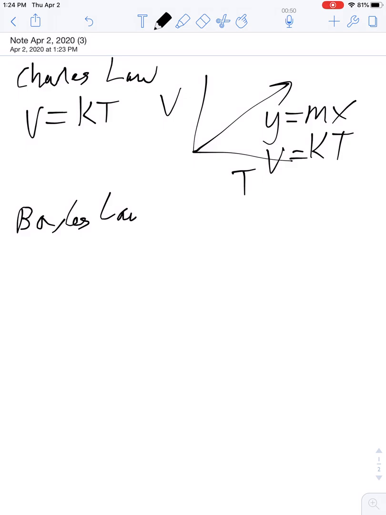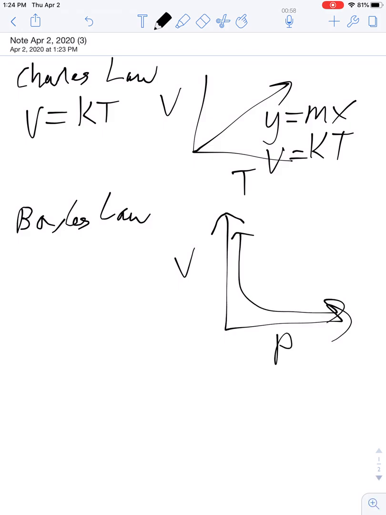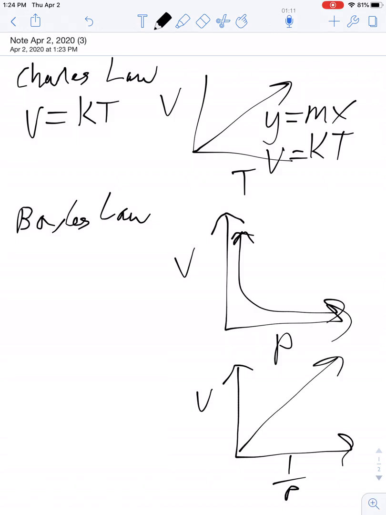Boyle's law, and we would have done a lab to do this as well, shows that the relationship between volume and pressure is actually inverse. Okay? So in math class, they taught you that if you graph 1 over P, your inverse relationship becomes a straight line. So once again, the equation of a straight line is y equals mx, right?